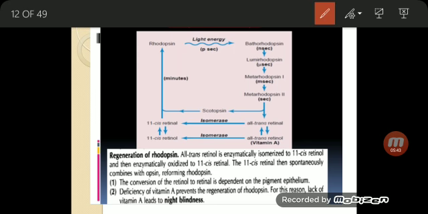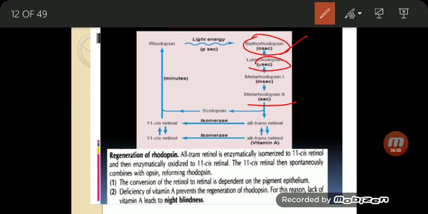So you can see first the rhodopsin is decomposed into batho-rhodopsin, that is a very unstable product, and then into lumi-rhodopsin. This lumi-rhodopsin decays to form meta-rhodopsin 1. Meta-rhodopsin 1 is changed to meta-rhodopsin 2.